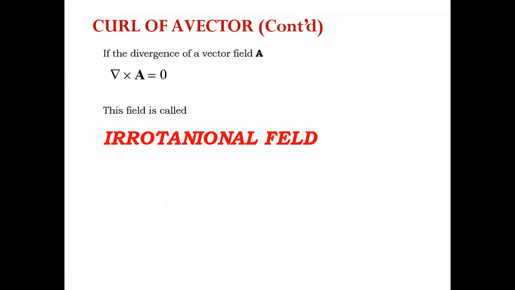What is the condition of solenoidal field? Divergence is 0. What is the condition of irrotational field? Curl is 0. And what is the condition for equipotential field or equipotential function? Gradient is 0. So this you should remember.